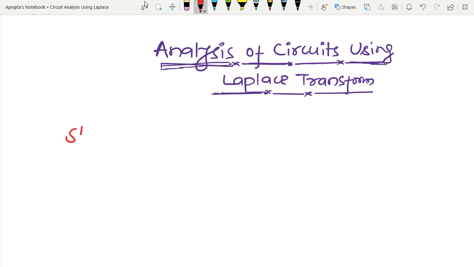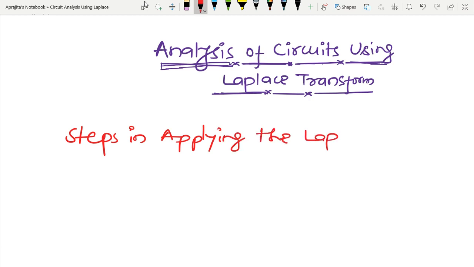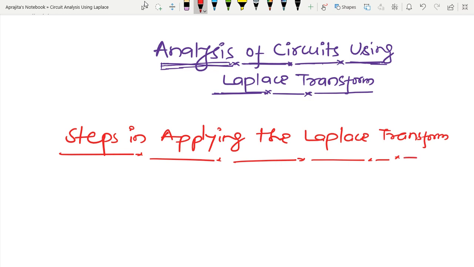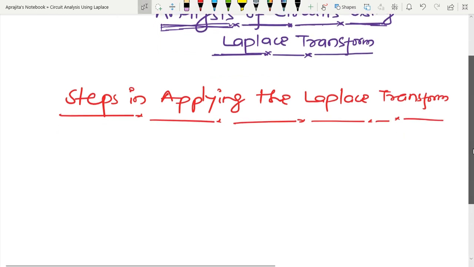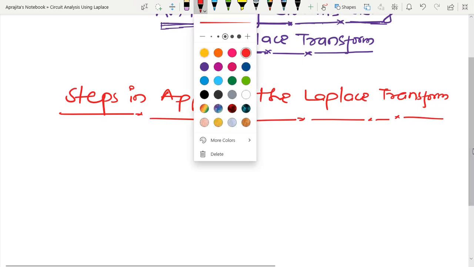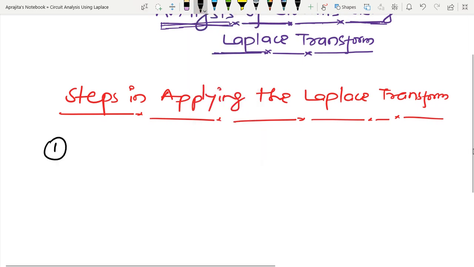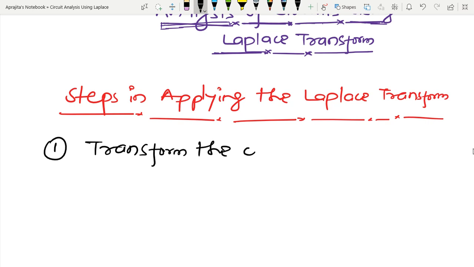So I am going to write the steps in applying the Laplace transform. So first step is like this: transform the given circuit.